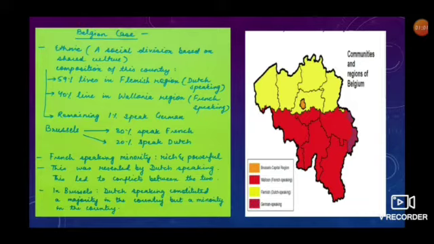Brussels, the capital, had 80% people who were speaking French and 20% who were speaking Dutch. In contrast, Dutch speakers constituted a majority in the country, but a minority in the capital. The French-speaking minority was rich and powerful.